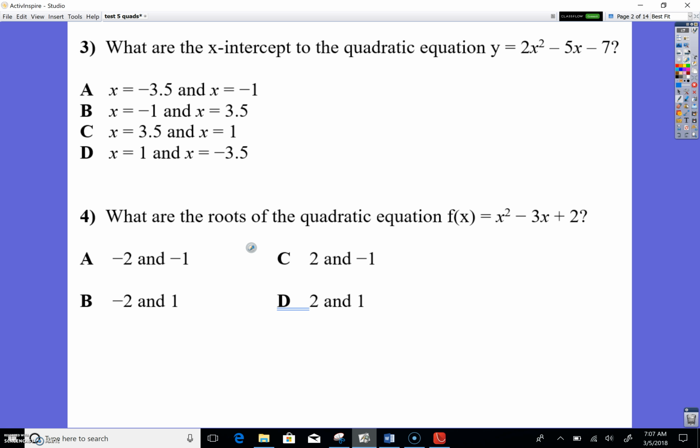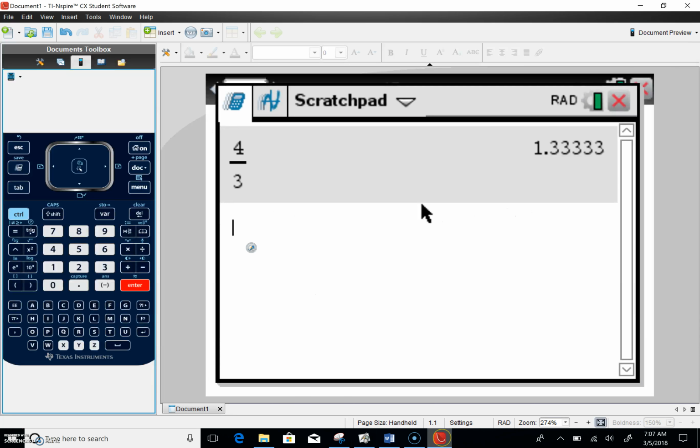Okay, what are the x-intercepts of the quadratic equation 2x squared minus 5x minus 7? Remember, all I have to do is put it in the calculator and find it. Let me make sure I got this right: 2x squared minus 5x minus 7.